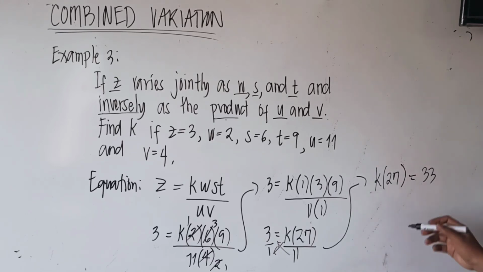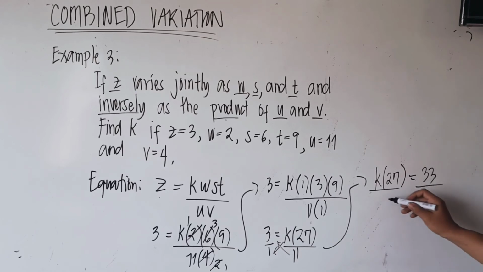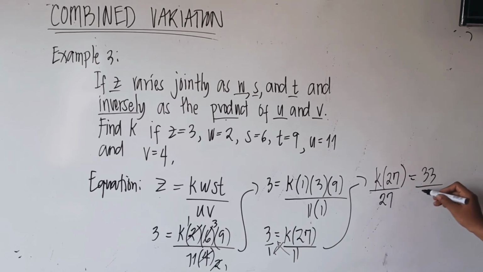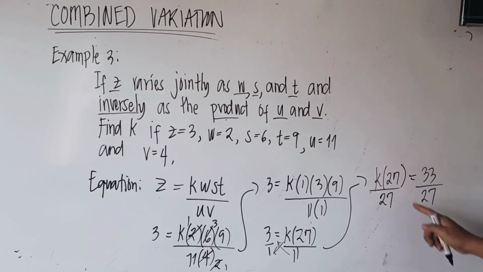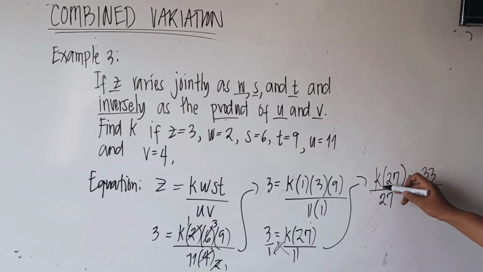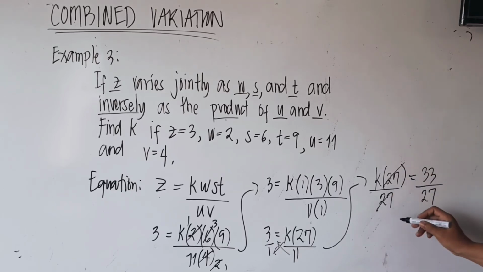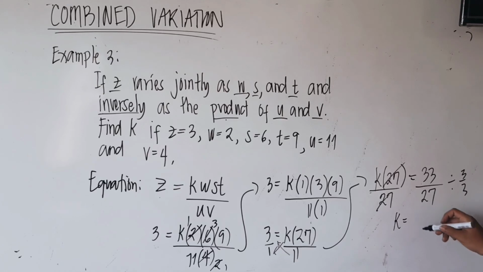So, para makuha yung k, syempre, divide both sides of the equation by 27. 27 divided by 27 is 1. So, therefore, k is equal to 33 over 27, or yung 33 and 27 is divisible by 3. 33 divided by 3, 11. And then, 27 divided by 3, that is 9.